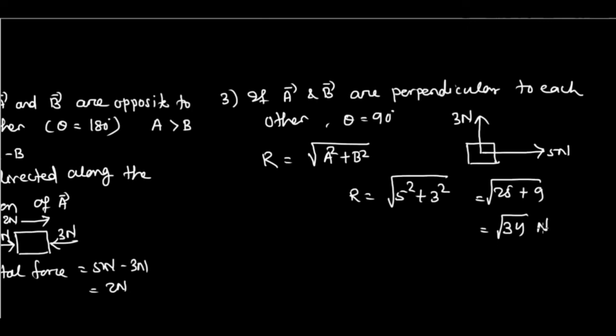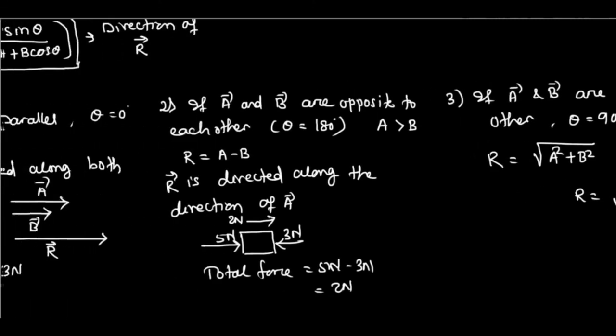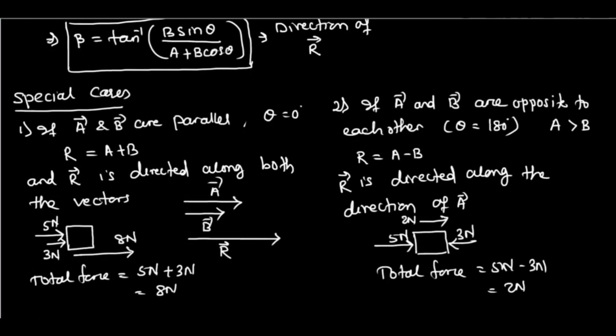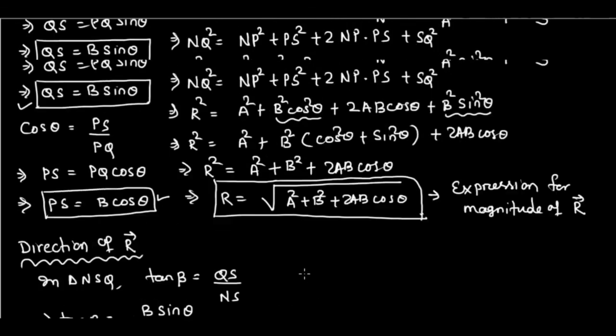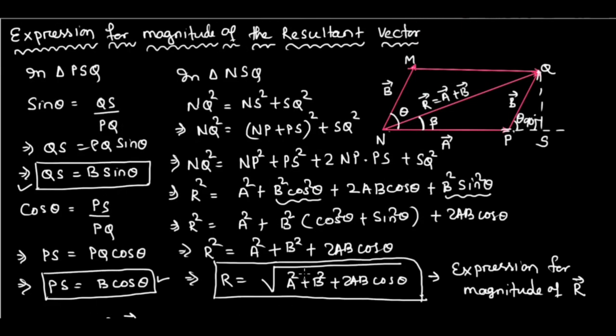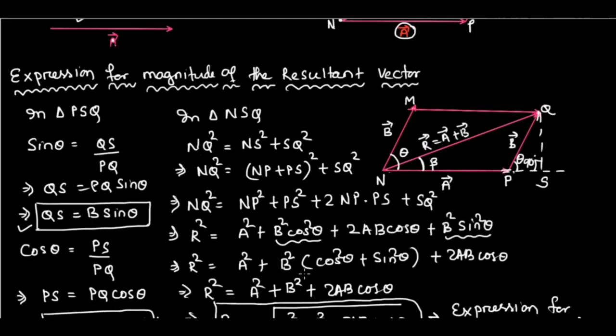So you can see that if the angle theta between the two vectors is different, then the resultant vector also changes, means its magnitude changes, its direction changes. So these are some special cases. So students, remember that triangle's law and parallelogram law will give you the same result, the same expression for the magnitude, the same expression for the direction of the resultant vector.